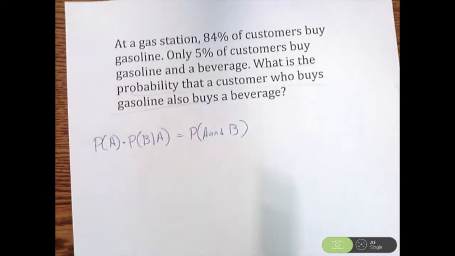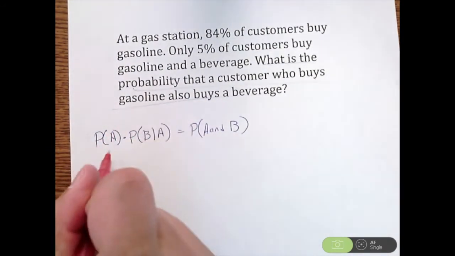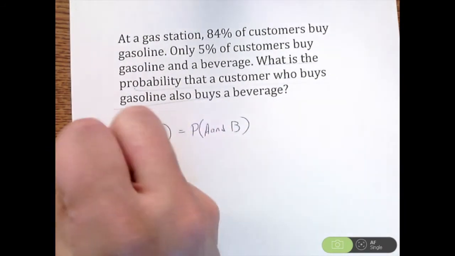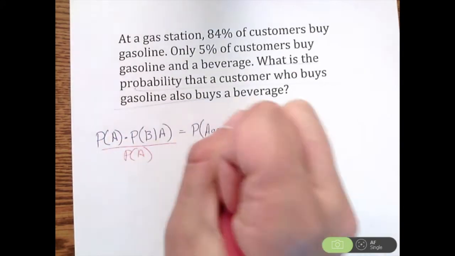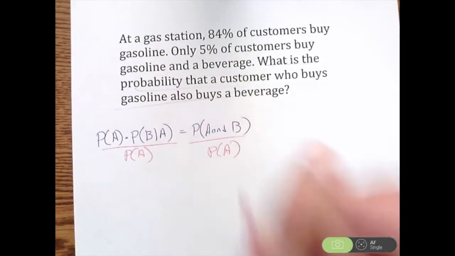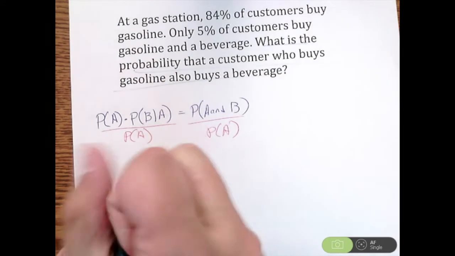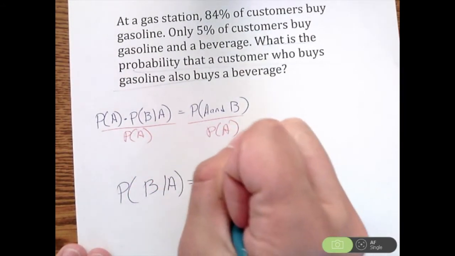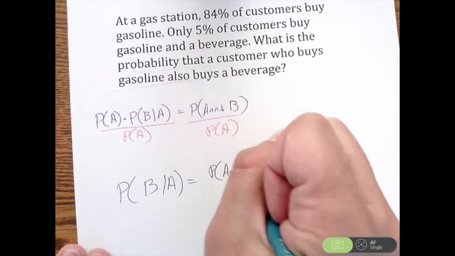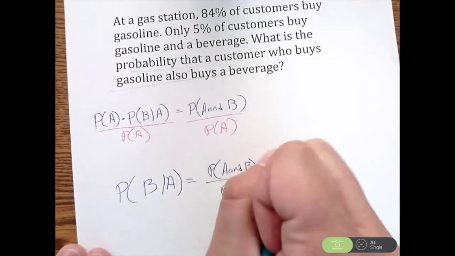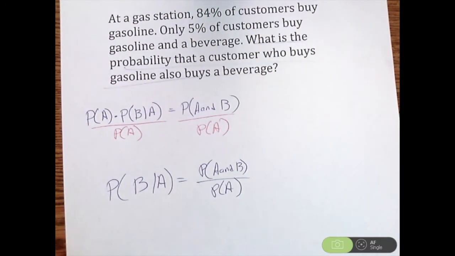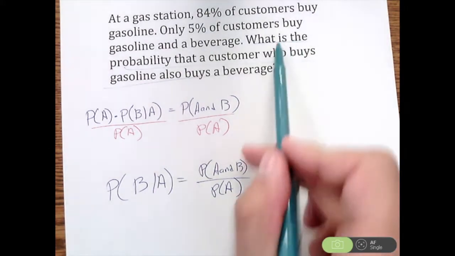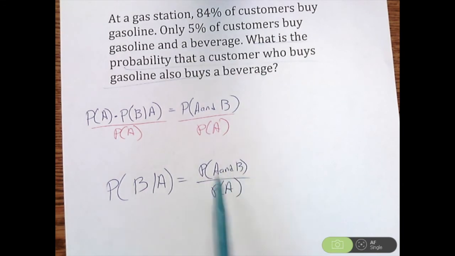So let's get this conditional piece alone. I showed this in class too. If I want to isolate this one, I'm going to divide by the probability of A. So what you end up with is the probability of B given A is the probability of A and B happening divided by the probability of A. The reason this works is they're asking us for this probability, so we need to do this piece here.